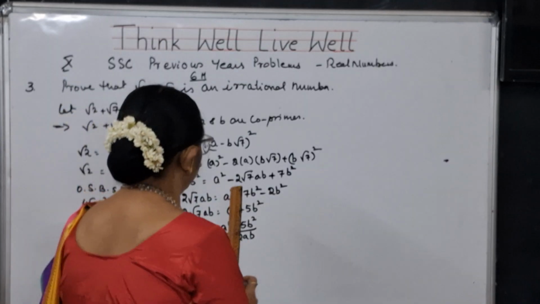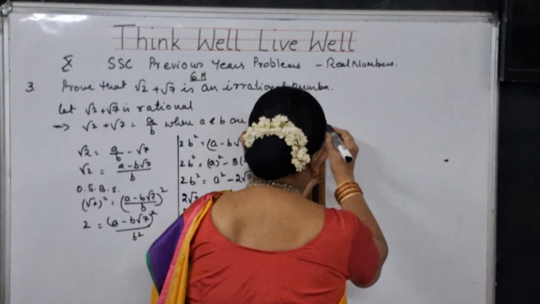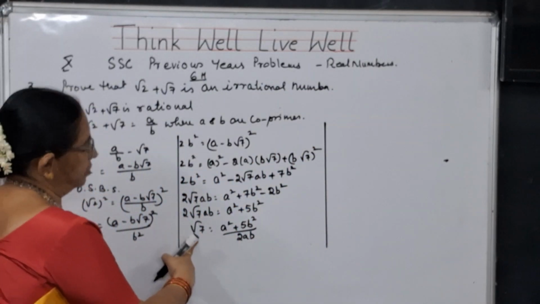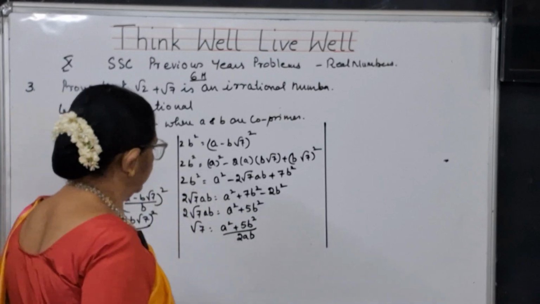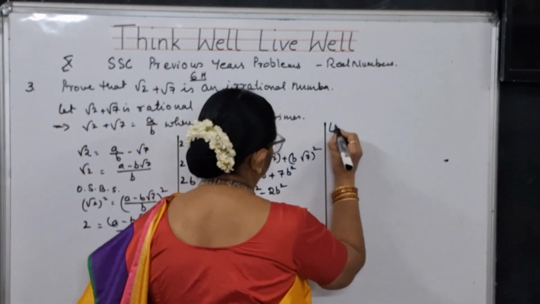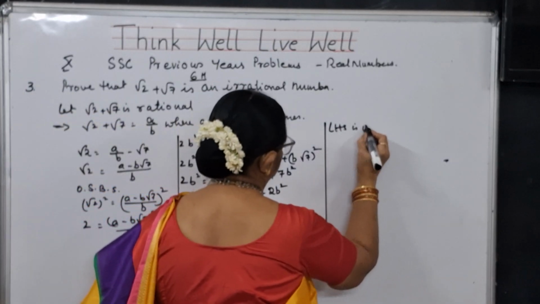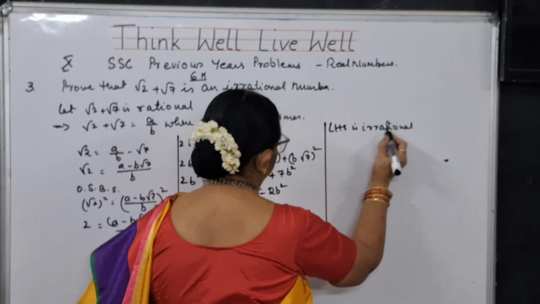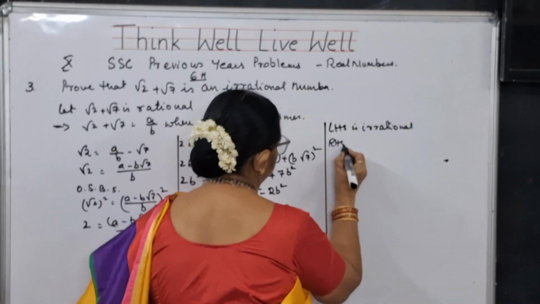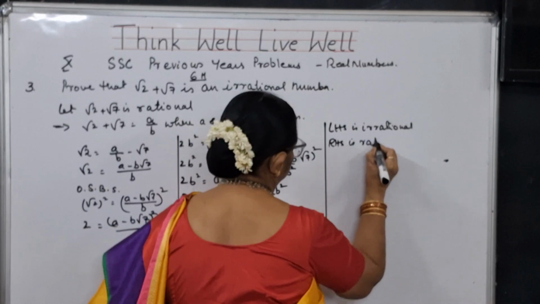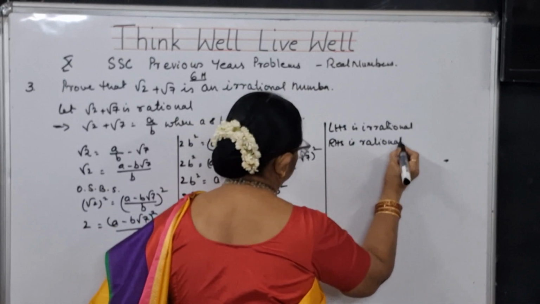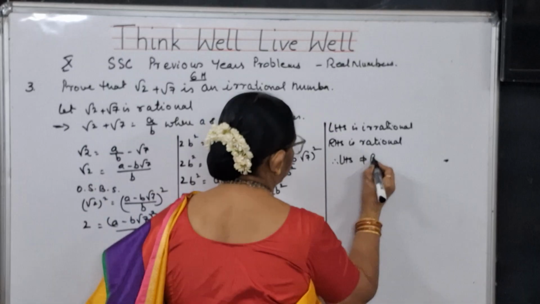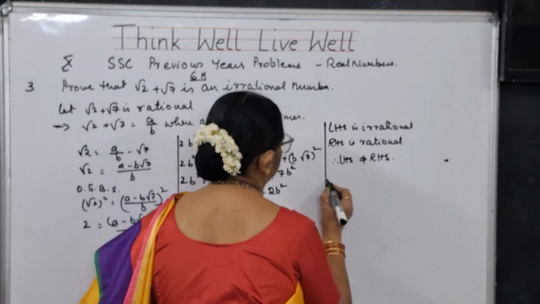So, with this, what are we getting, children? Here, you see, LHS is irrational and RHS is rational. Therefore, LHS is not equal to RHS.